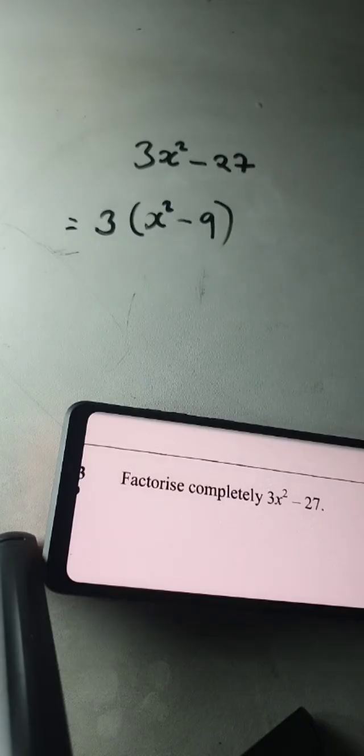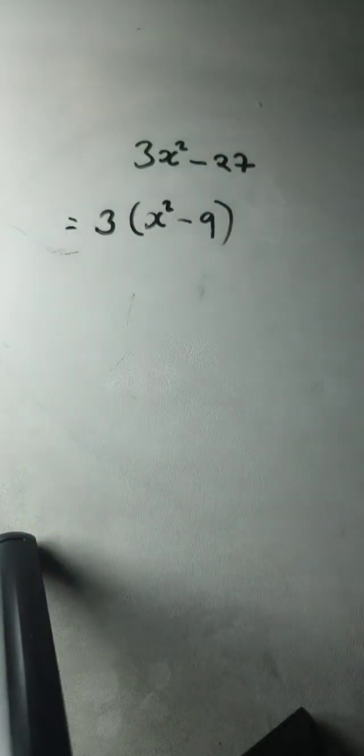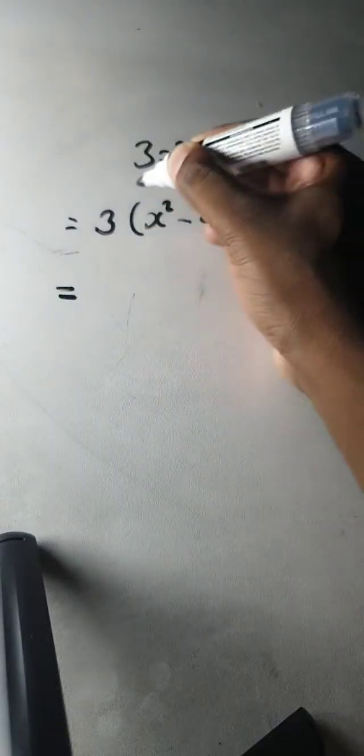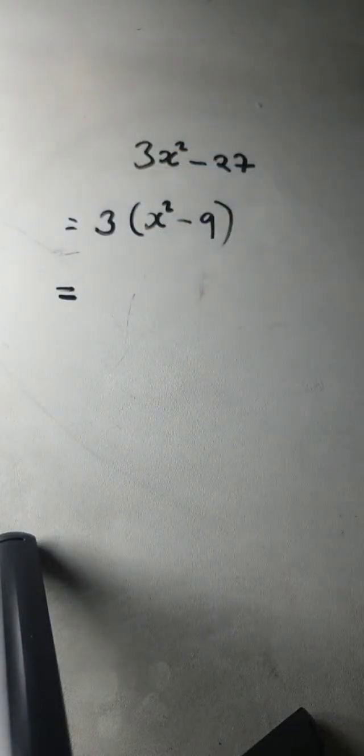You are factorized, but not completely. So now how do you factorize completely? We are going to factorize what is in the bracket by difference of 2 squares.